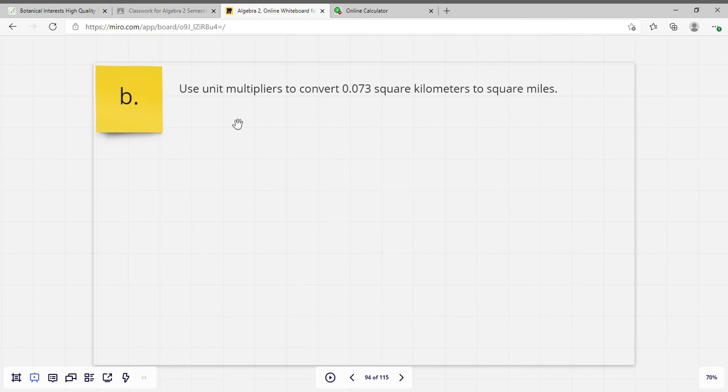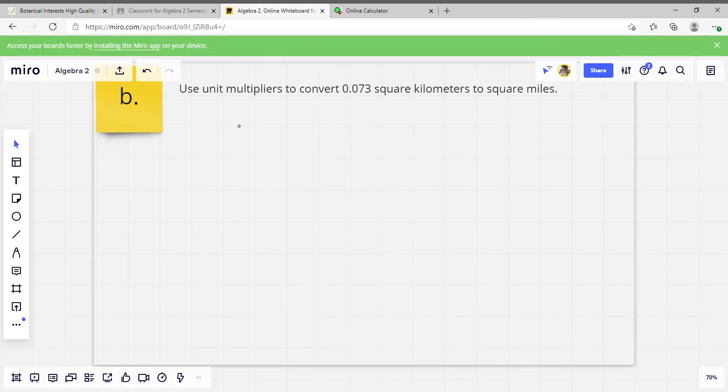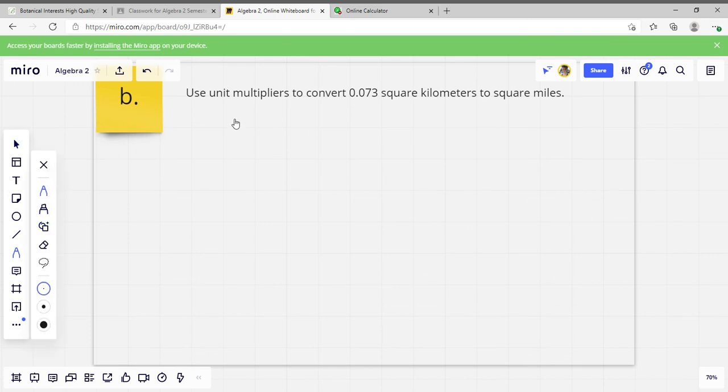All right, use unit multipliers to convert this square kilometers to square miles. All right, so we're going to have kilometers squared to miles squared. So we got 0.073 over 1, and that's kilometers squared.